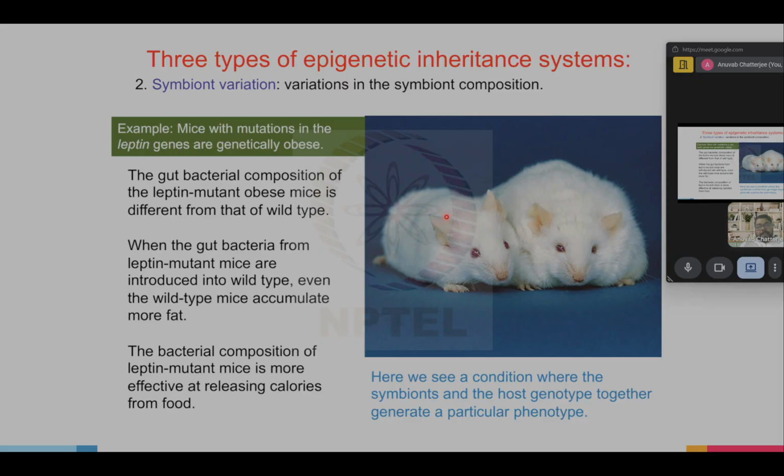So this control mouse, after the bacteria is transferred, can also gain fat, but it does not have the leptin mutation that triggered the microbiota to change. And thus this is an epigenetic kind of variation, where this mouse inherited a quality with no changes to the genotype.